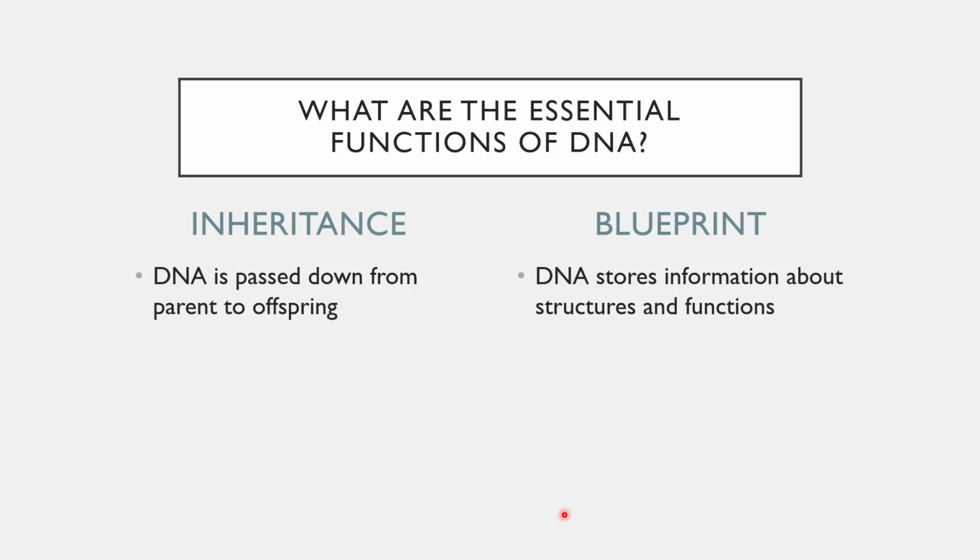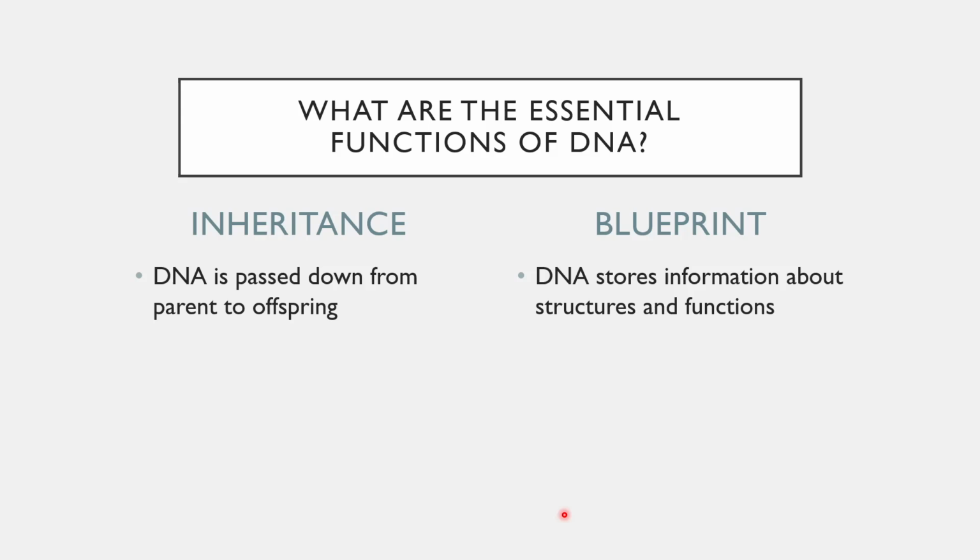In its role as the molecule of inheritance, DNA is the molecule that carries information between generations. So DNA is physically passed down from parents to offspring, and in that capacity, it serves as a blueprint for encoding information about all of the structures and functions that come about in an organism. Related to these two essential functions are certain processes that DNA has to undergo.